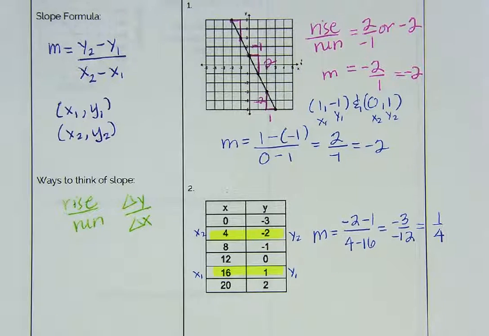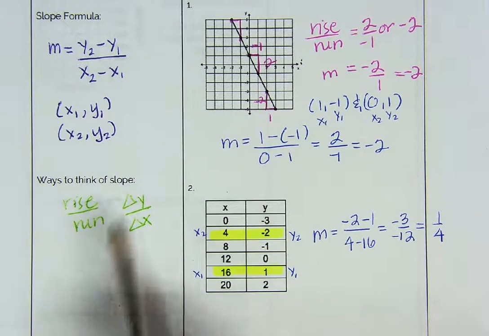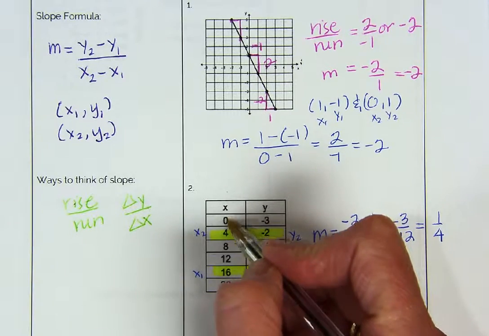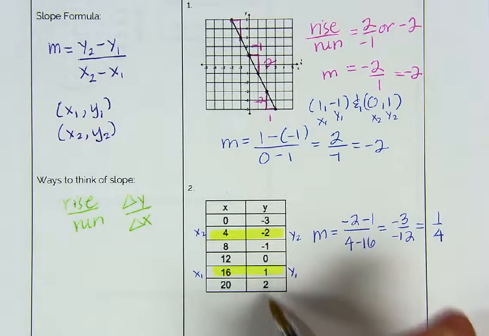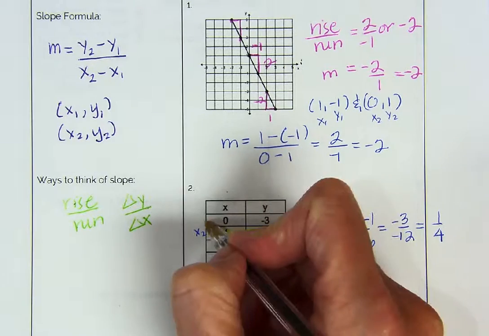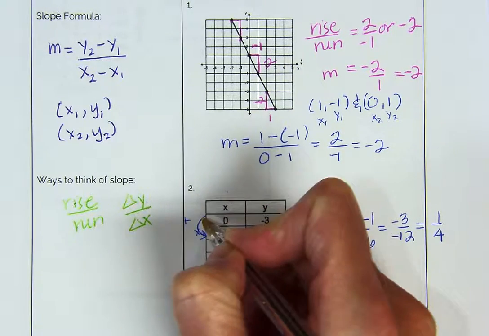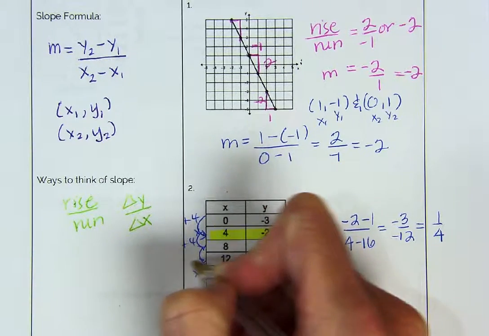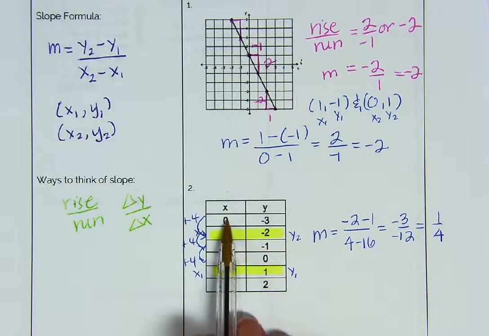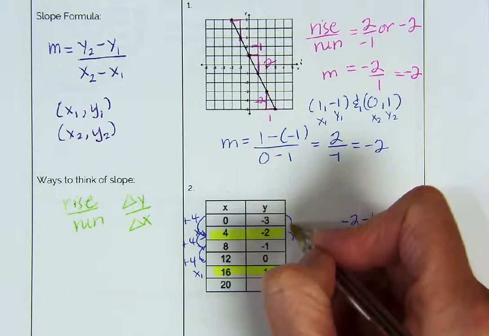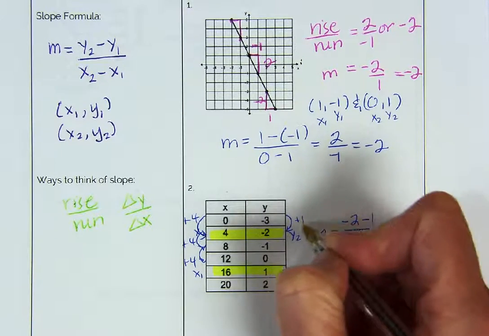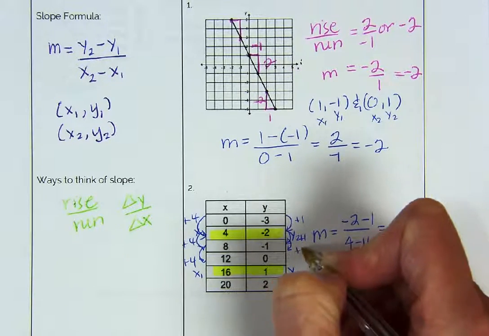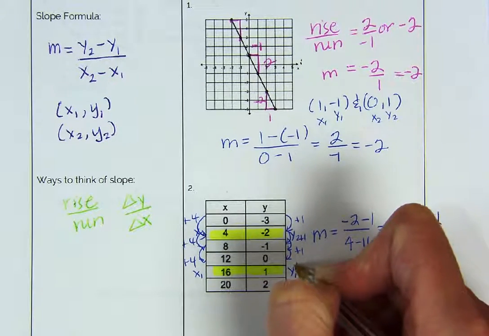Now, a table is a nice way to use this change of y divided by change in x. If you have the input values and the output values all in some nice order, you can see the x values are increasing by 4 in each step from each point to the next. And if you look over here, we're actually increasing the y values by 1 every step of the way.